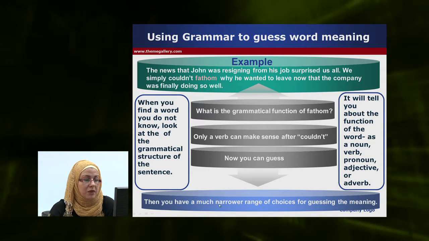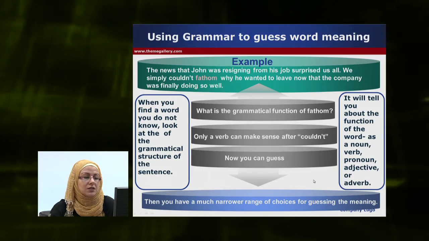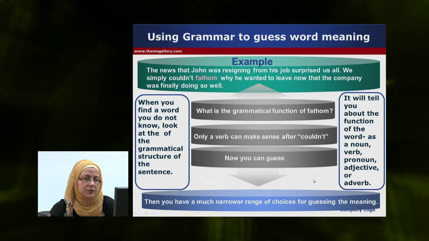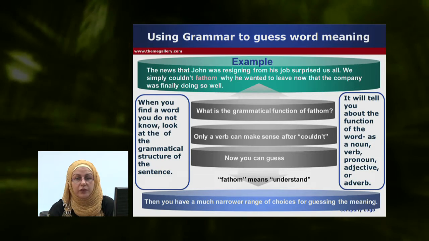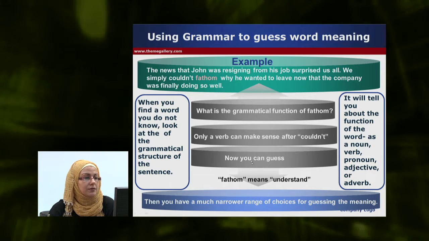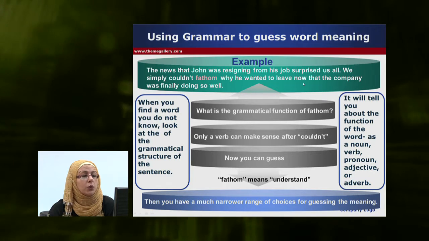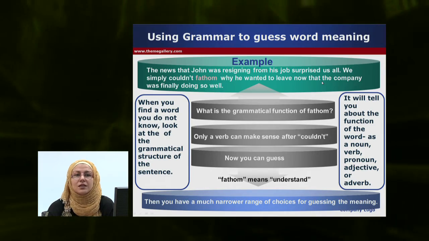Then you have a much narrower range of choices for guessing the meaning once you come to the grammatical form of the word. Fathom means understand. We simply couldn't understand why he wanted to leave now that the company was finally doing so well. So as if the writer is saying he has no reason to leave now. We couldn't understand it. We couldn't fathom it.